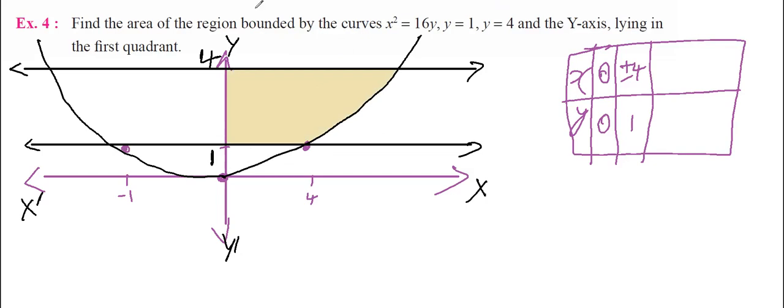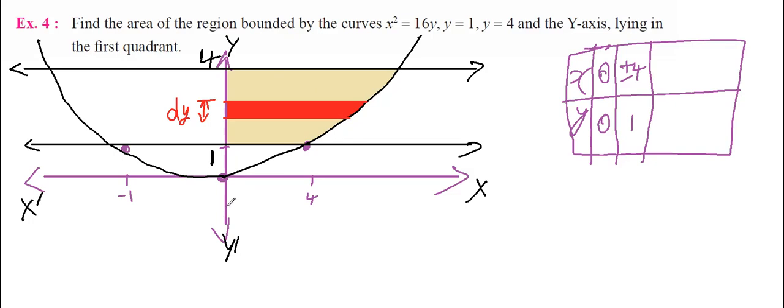Now, where are you going to take the elementary strip? You will take the elementary strip over here. So this is your elementary strip. What will be this distance from here to here? This distance will be dy.